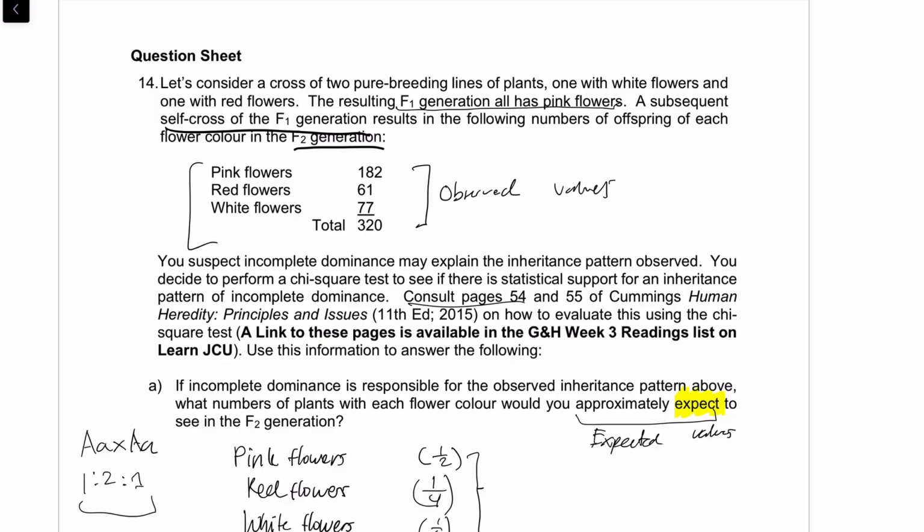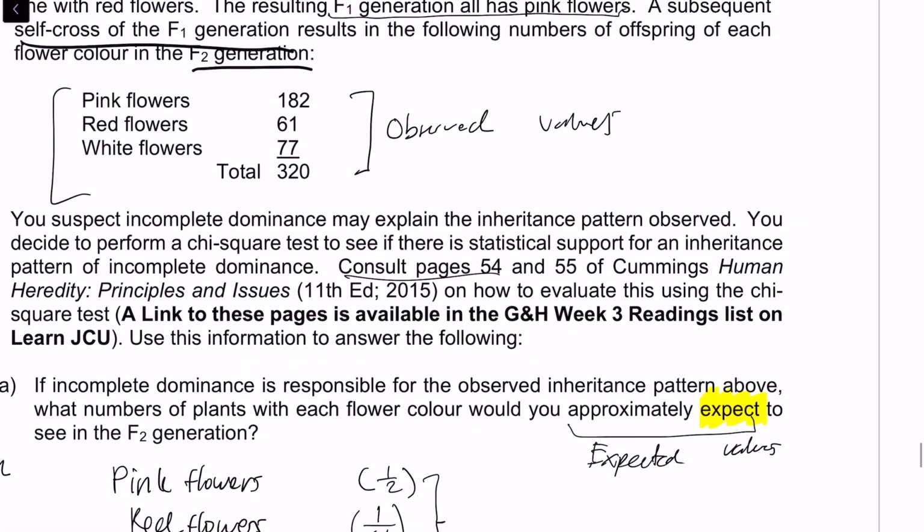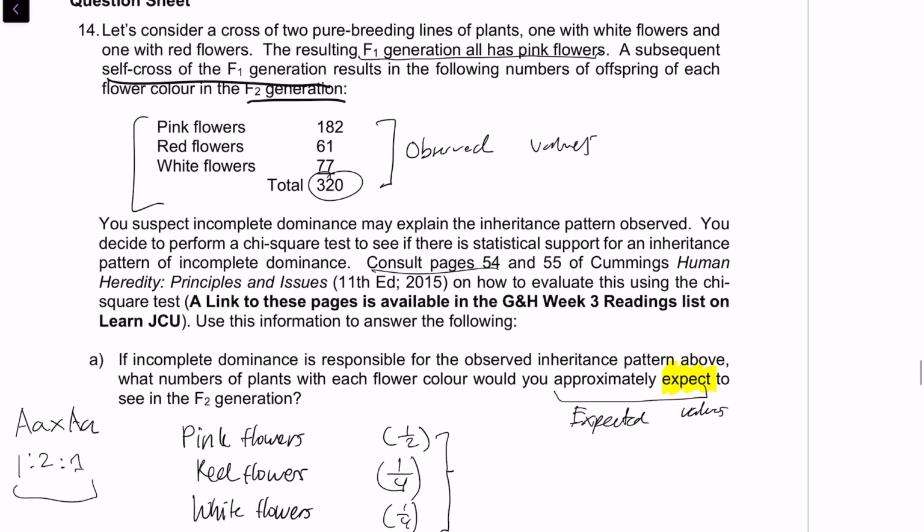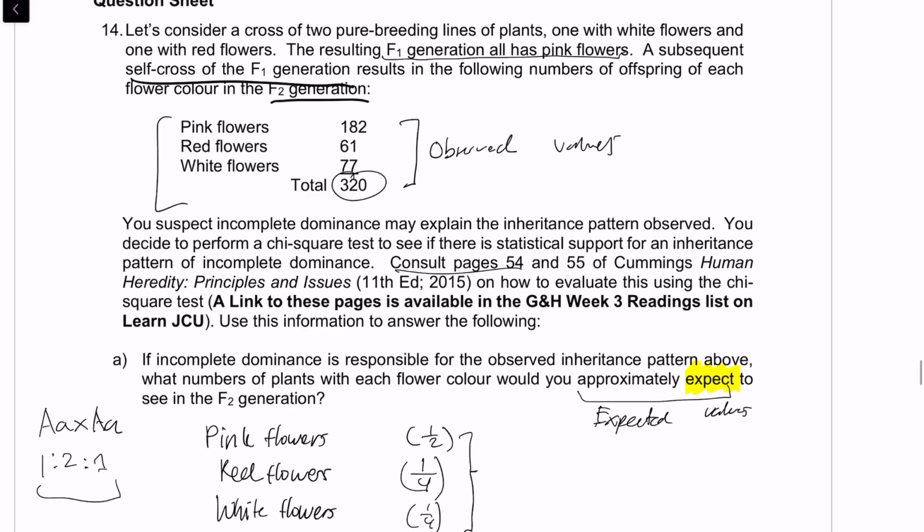But in a total of 320, which is what we were given in the question, we can use that to make our expected values. So if we have 4 parts in the ratio 1 to 2 to 1, then 1 part is equal to 320, the total, divided by 4, which is 80.